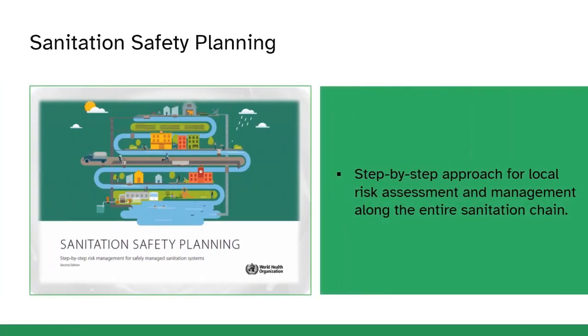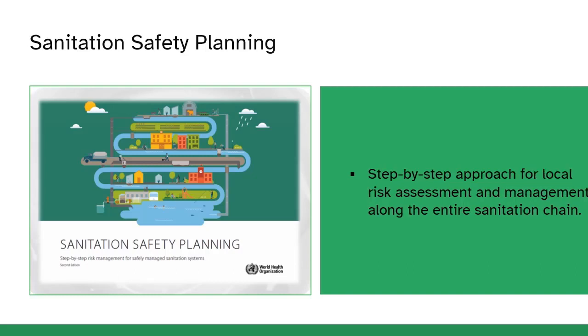The most important and powerful tool in your toolbox is Sanitation Safety Planning. As recommended by the WHO Guidelines on Sanitation and Health, Sanitation Safety Planning is a step-by-step approach for local risk assessment and management along the entire sanitation chain.